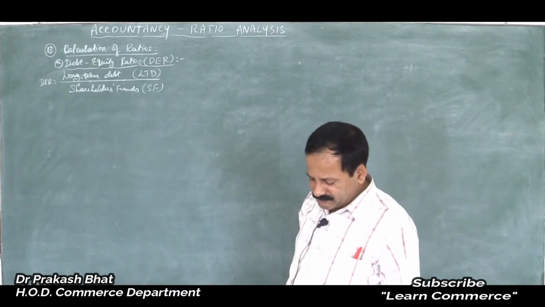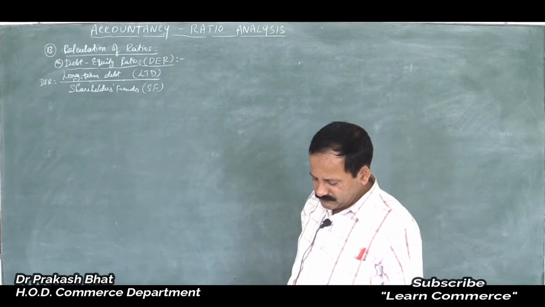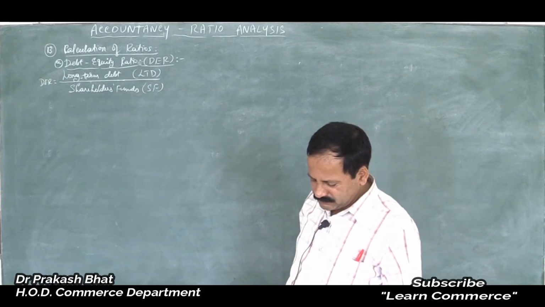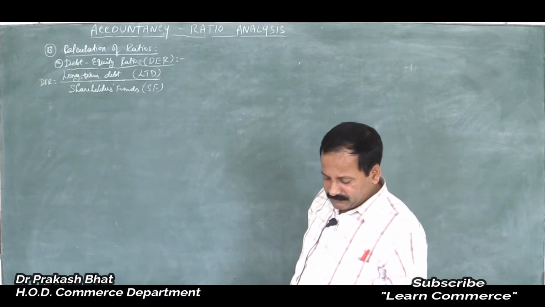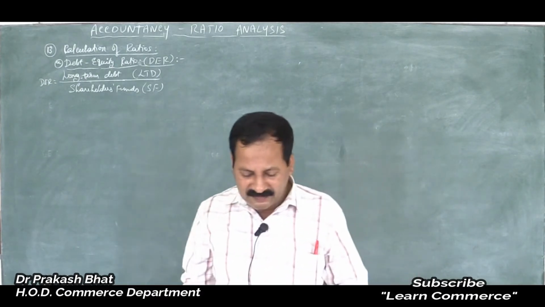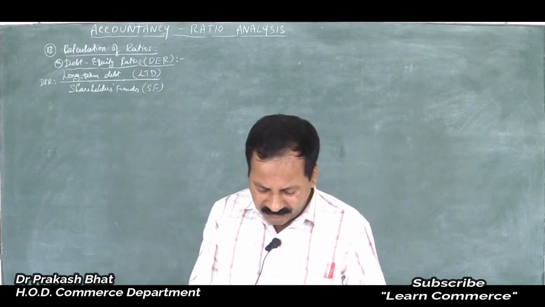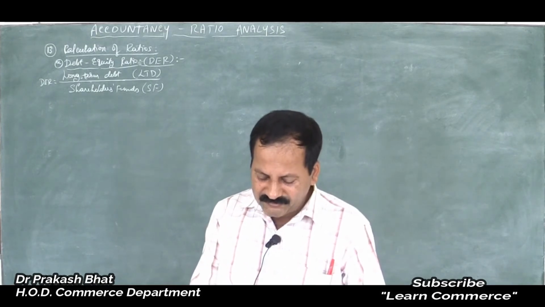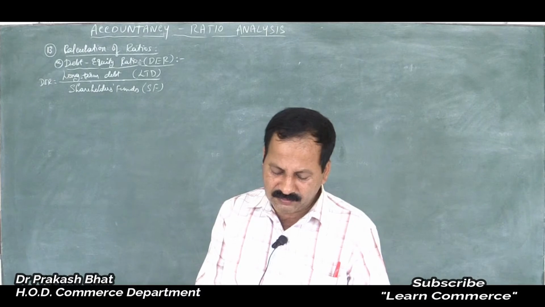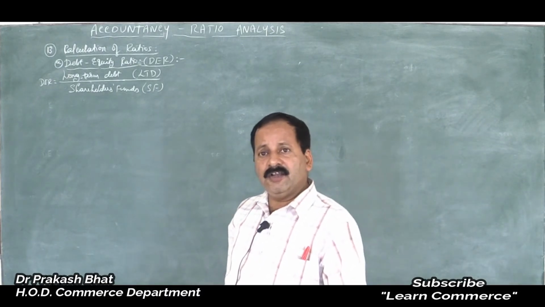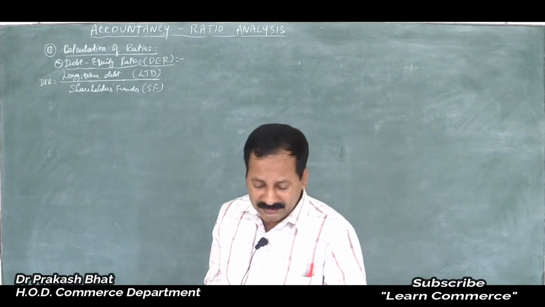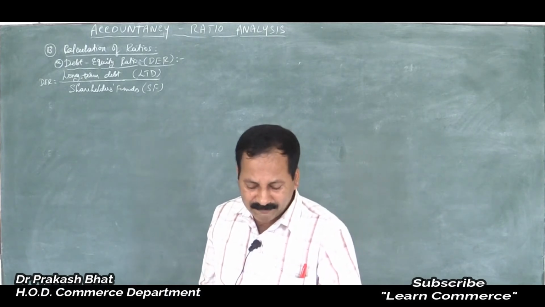Shareholders funds, and long term debt. It is given in the problem. Which is the long term debt here? 13% debentures, right? 13% debentures is the long term debt, no other long term liabilities here.